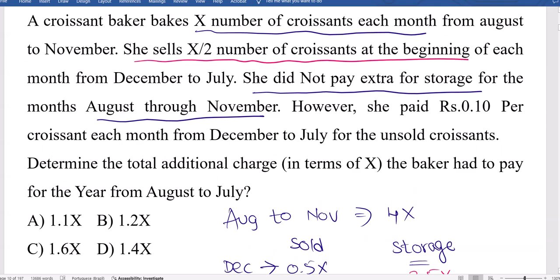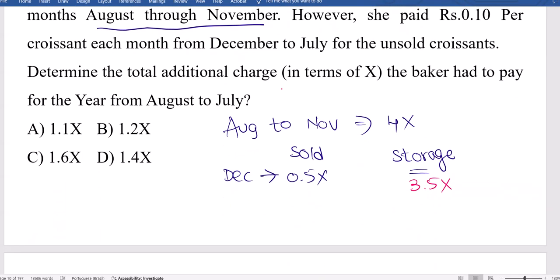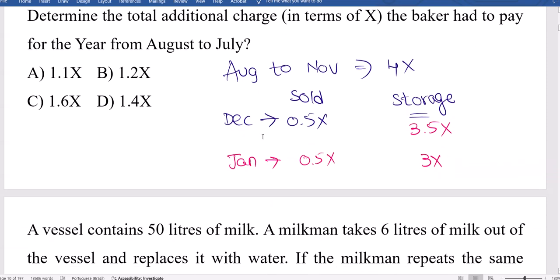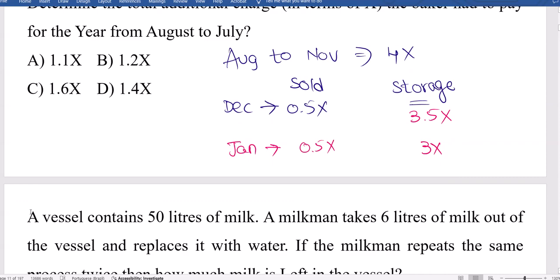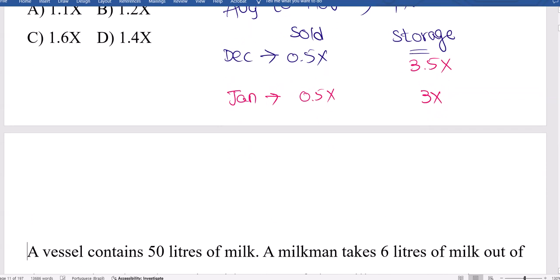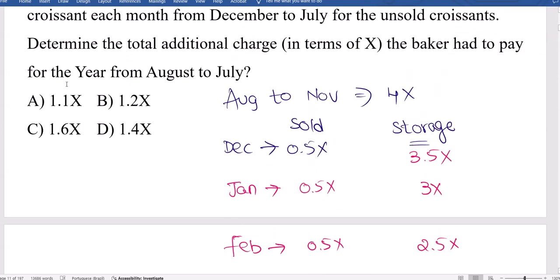So 0.5 sold, then 3.5 storage is there. Next, January, how many sold? 0.5x. Storage will be 3x, right? Next month, Feb, what will happen? Feb sold 0.5, storage 2.5x. Right.